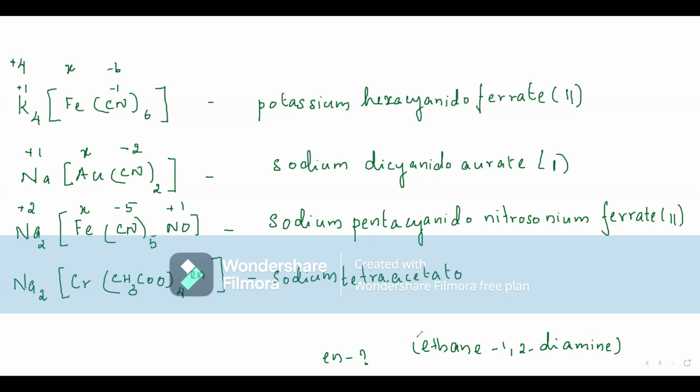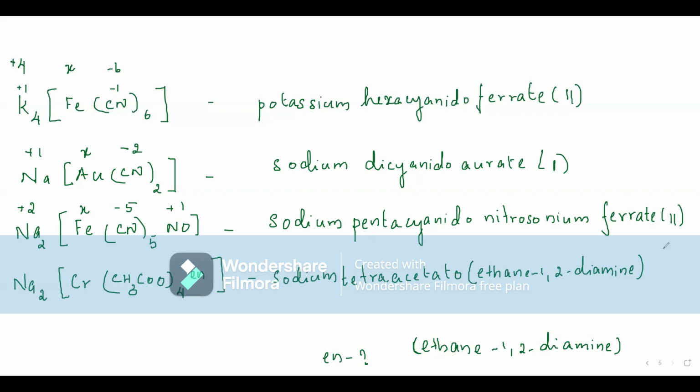Now, what we must do is write the name of the ligand. But since the name of the ligand has a di in its name, slight care has to be taken. Such a ligand whose name itself is complex should be put in a bracket. Ethane 1,2 diamine. This is precisely because there is a di in the name of the ligand.